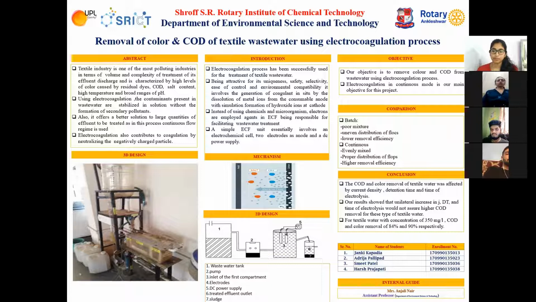The colored wastewater released into the ecosystem is also a dramatic source of aesthetic pollution and pollution to aquatic life. Using electrocoagulation, there is no formation of secondary pollutants. That is why electrocoagulation has gained more interest than biological treatment.